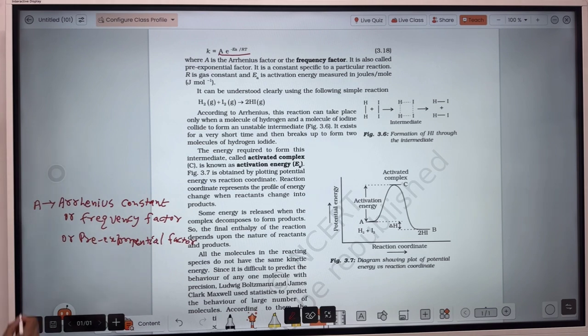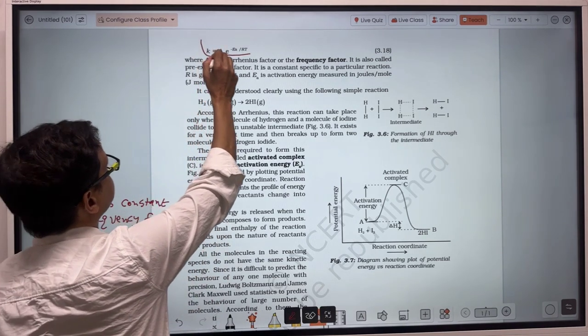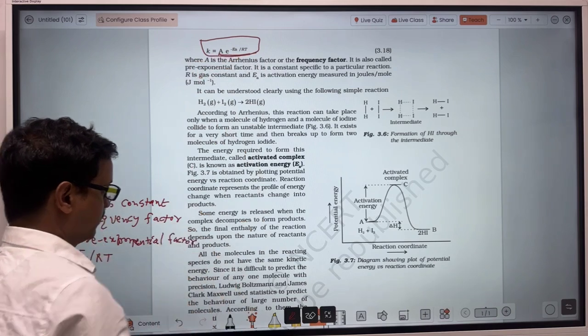So K equals A e to the power minus Ea upon RT. This equation has been given here.